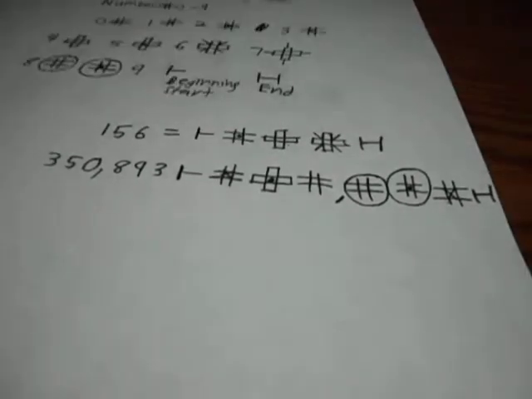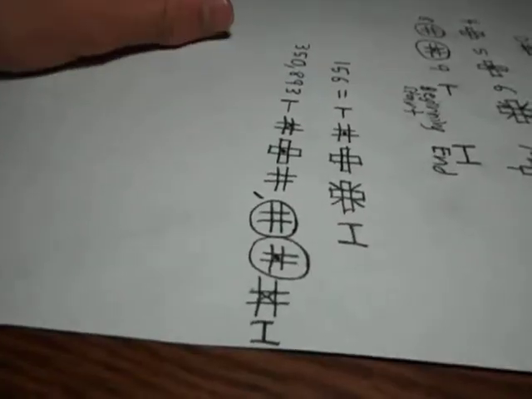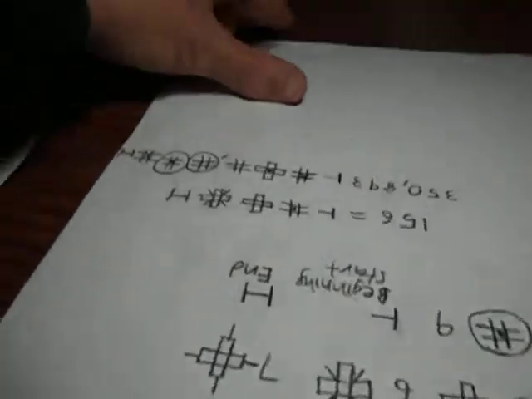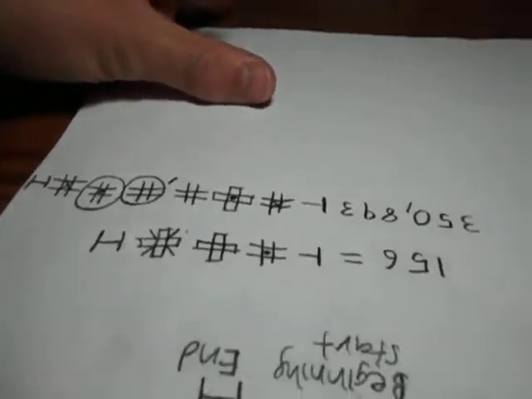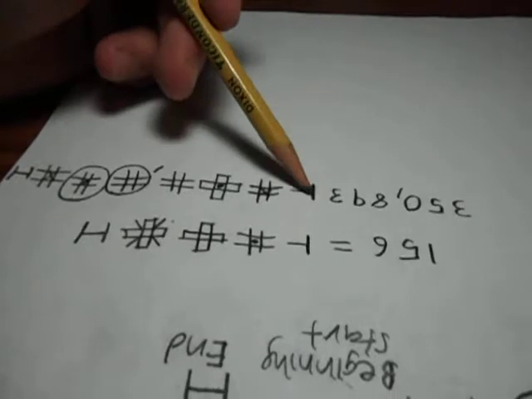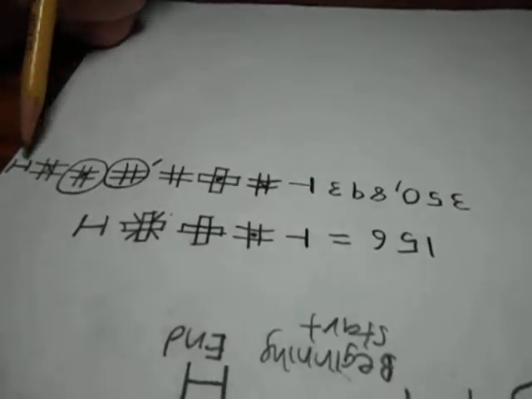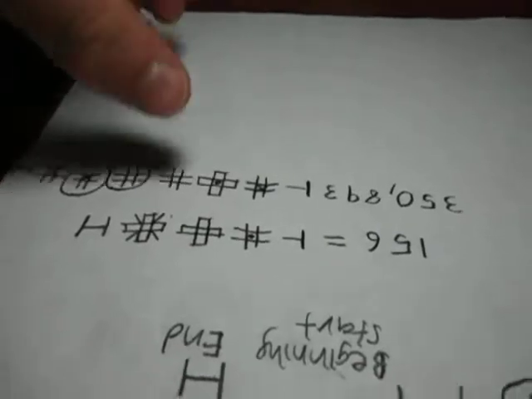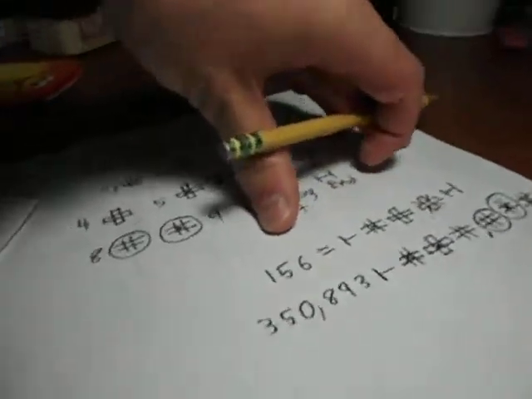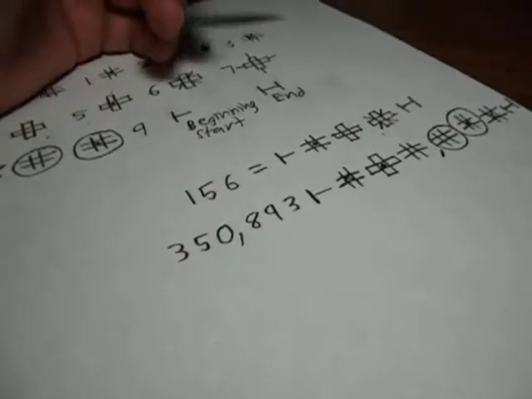This is a little bit too squashed. But once again, you can see, let's say this gets upside down, and you're like, okay, this is the beginning symbol, this is the end symbol, so the number starts right here. This also works sideways or diagonal.